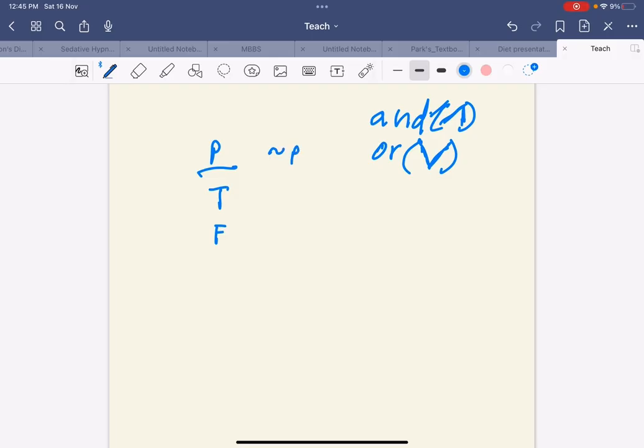Negation P. If there is true, the negation is false, and if there is false, the negation is true. This is negation.